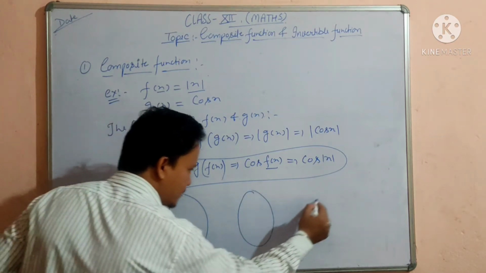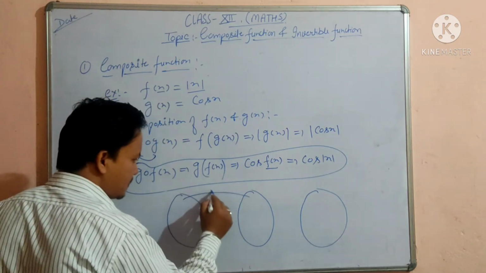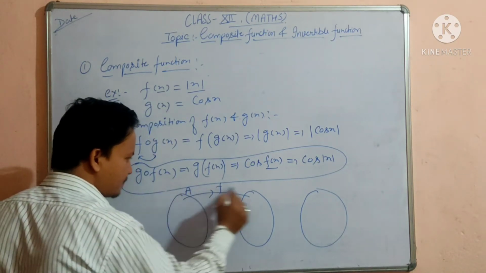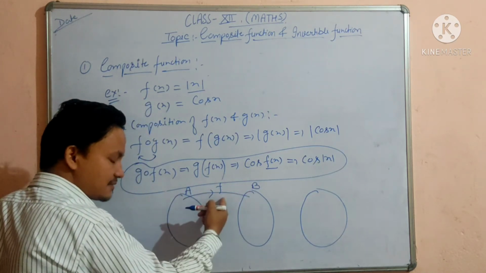The basic understanding is developed regarding what is the composition of function. Now see, there will be a function f which is lying from A to B. Here A is the domain and B is codomain for this function.